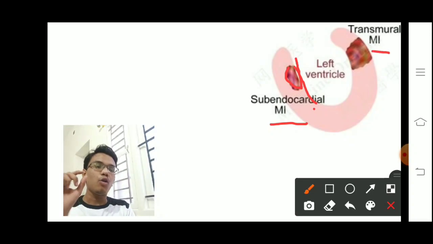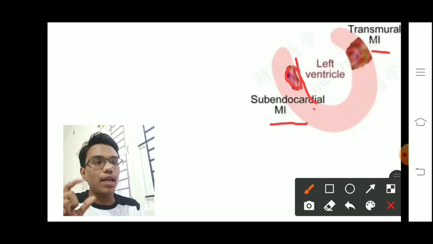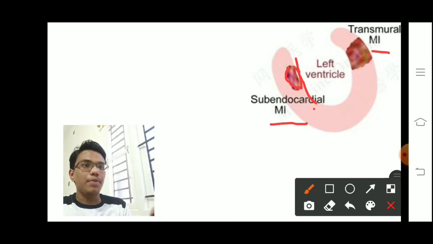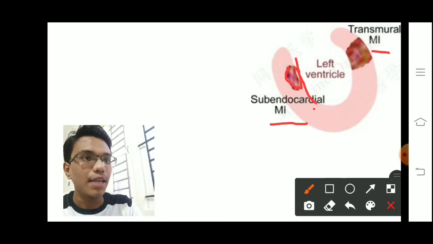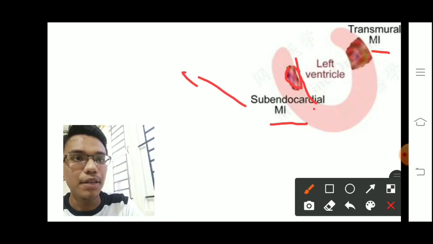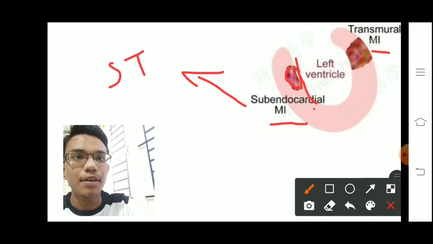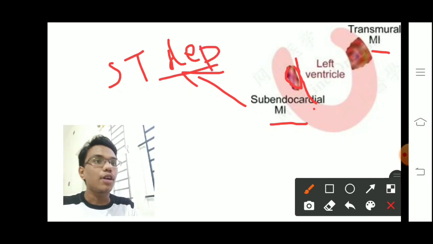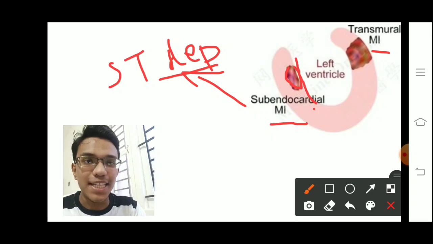Transmural means the whole thickness of the heart will be involved. Now as the whole thickness is involved, this is called transmural MI. You should remember here, the ECG finding of subendocardial MI will be ST segment depression. And what will be the ECG finding of transmural MI?